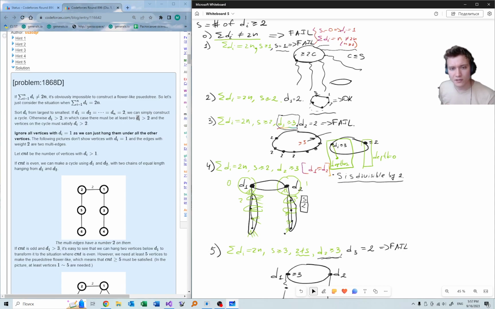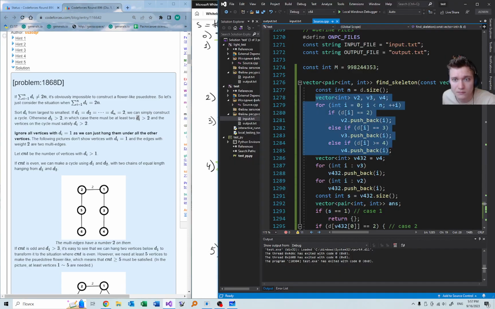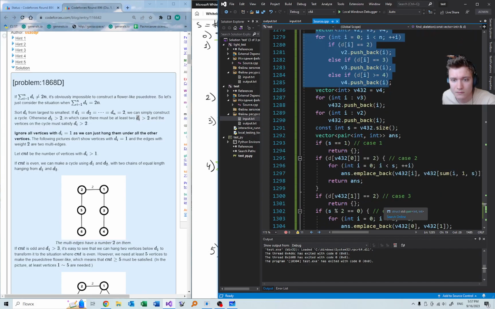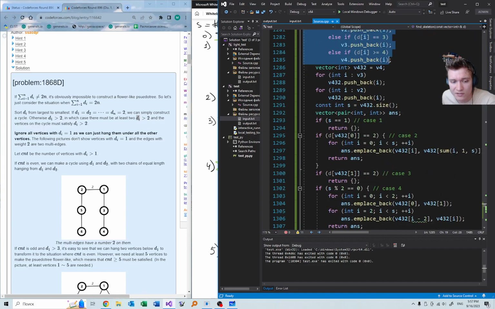And I do it in the second case, actually. So I say that d0 is 2. Yes, and I construct the cycle here.